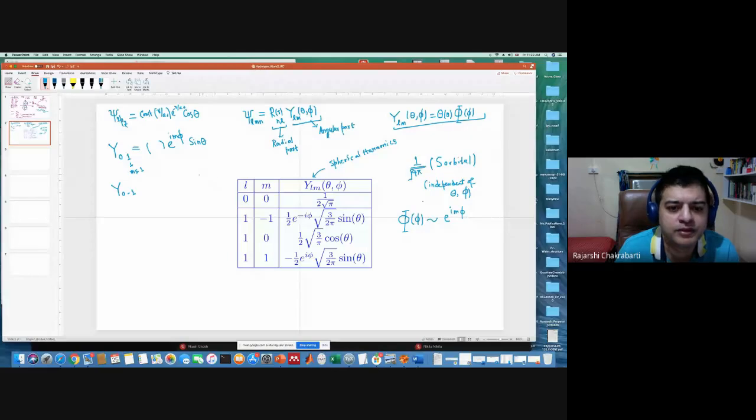You're right. Thank you very much. So this is 1, 1 because I cannot have a situation like that. But is this clear? What will be this 1 minus 1? This 1 minus 1 is some constant. The minus 1 means exponential of minus i m phi, and you'll see the theta part has sine theta.